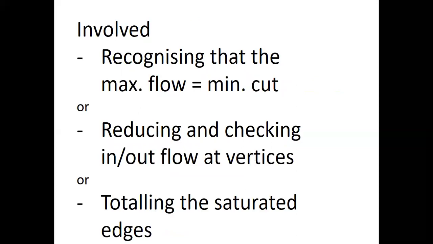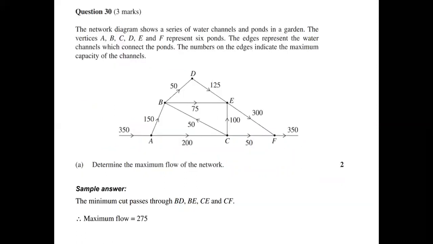It involved one of probably three methods that students could use: recognizing that maximum flow equals minimum cut, or the fact that you could reduce and check the in and out flows of the different vertices to find out what the maximum flow was in total, and working through finding the saturated edges and adding those up was another method. There's the question.